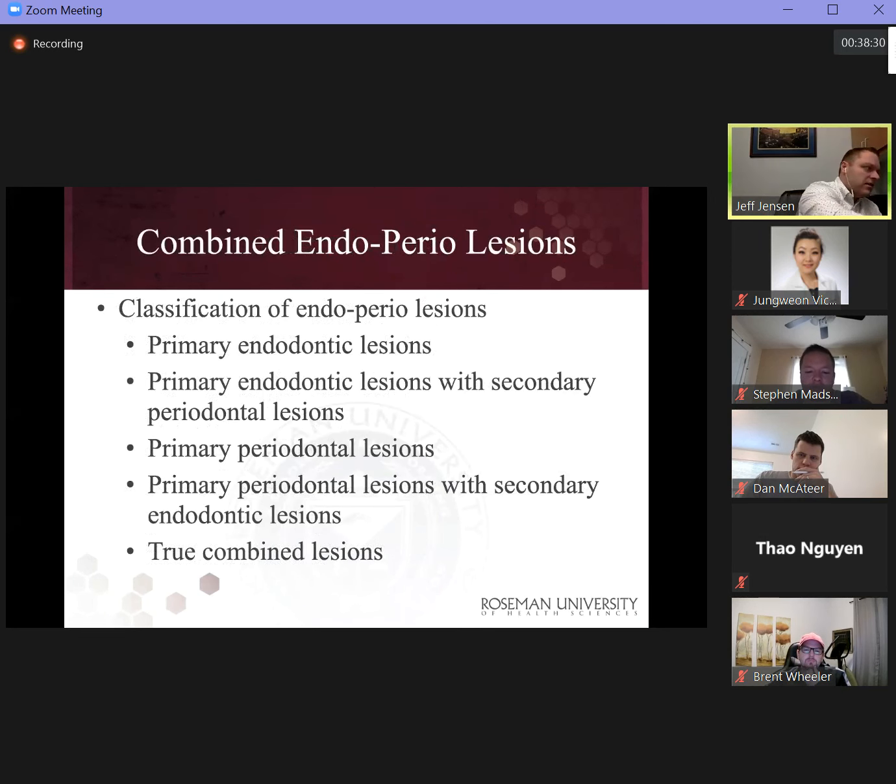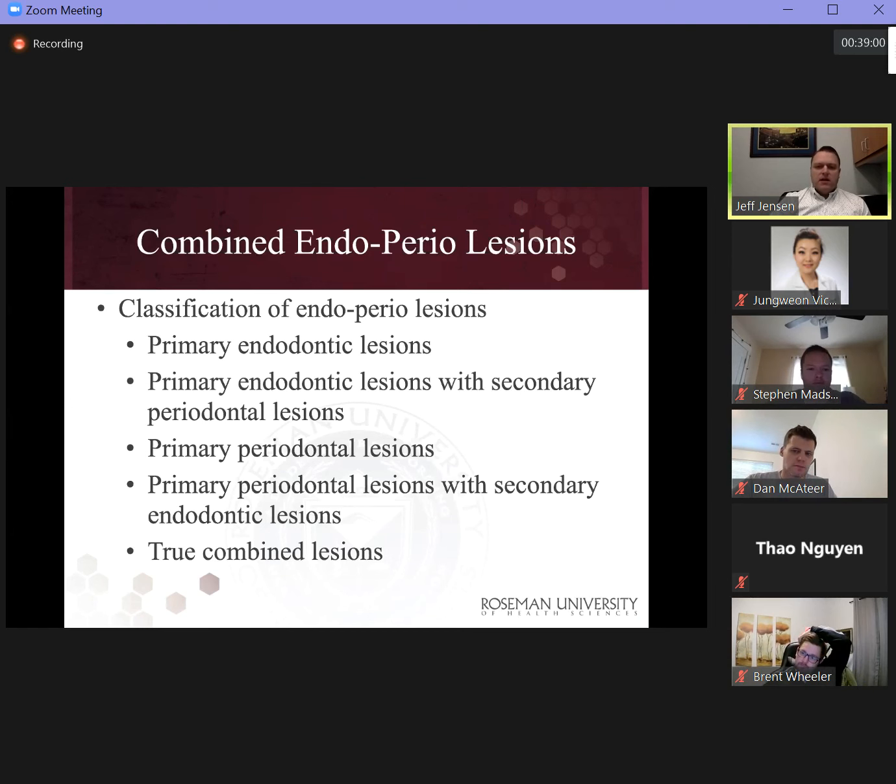So let's talk a little bit about these combined lesions. There is a classification of these lesions. We have what's called a primary endodontic lesion, which would be your classic endodontic lesion. You have insult to the pulp, and then you start to see that periapical radiolucency around the apex of the tooth.